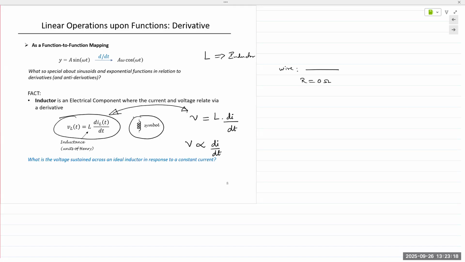But that's not true for a real version. This is an ideal wire or ideal conductor. A real life wire or conductor or cable inherently has resistance, inductance, and capacitance. It is just too small for us to measure, but it's too small to interfere with its operation.